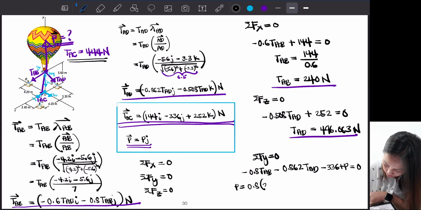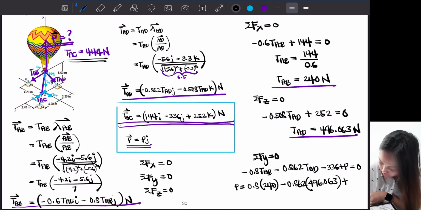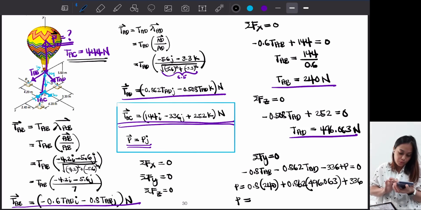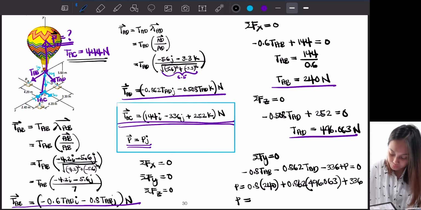Therefore, P is equal to 0.8 times TAB, which is 240, plus 0.862 times TAD, which is 496.063, plus 336. P therefore is equal to 955.606 newtons.